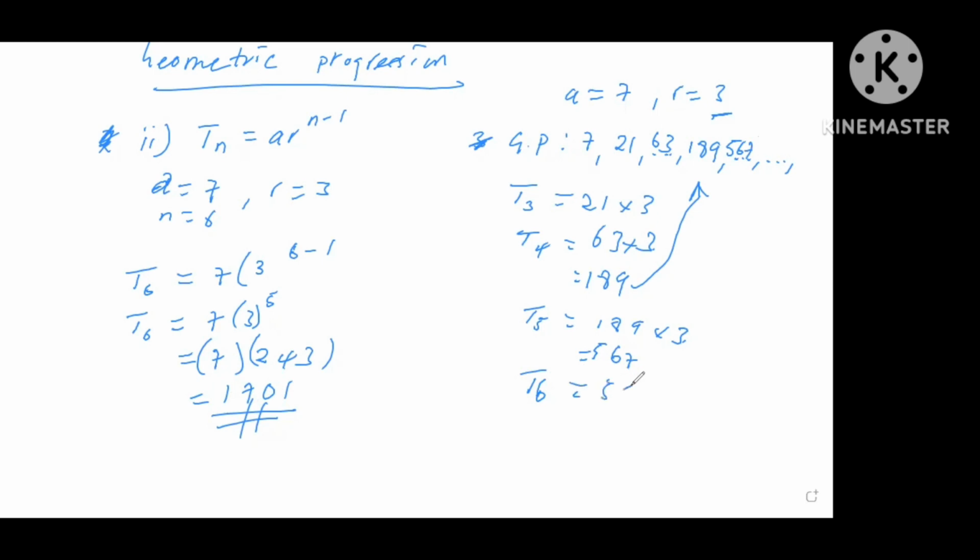We multiply 567 times 3. 3 times 7 is 21, we carry 2. 3 times 6 is 18, plus 2 is 20, we put a 0 and carry 2. 3 times 5 is 15, plus 2 is 17.